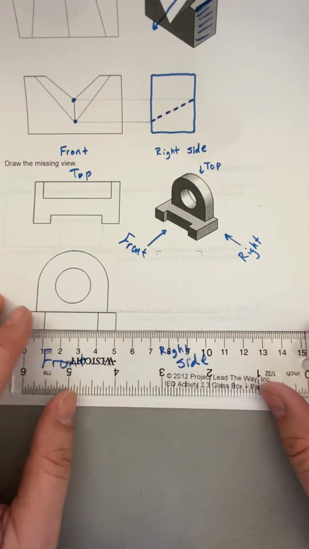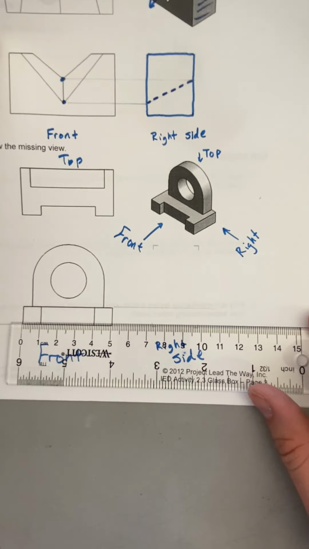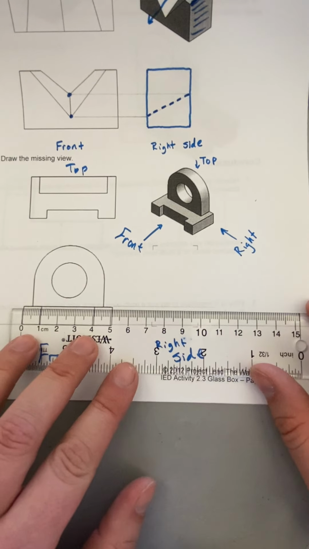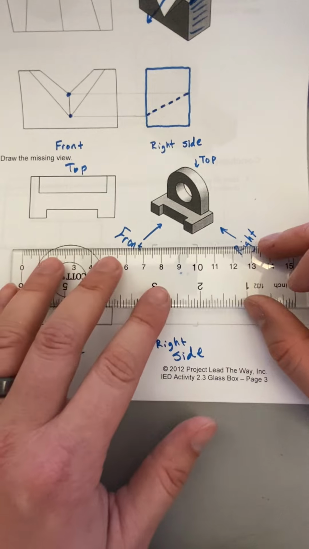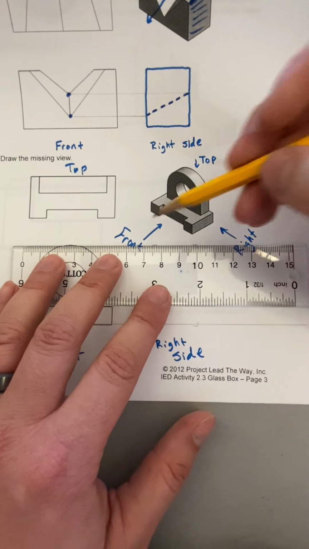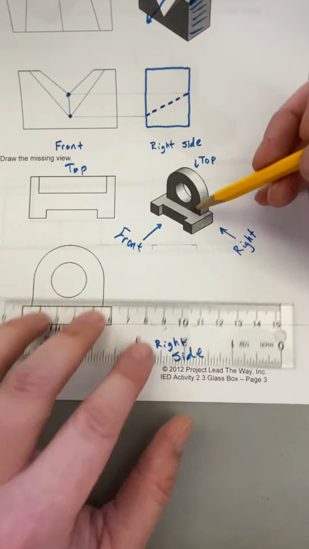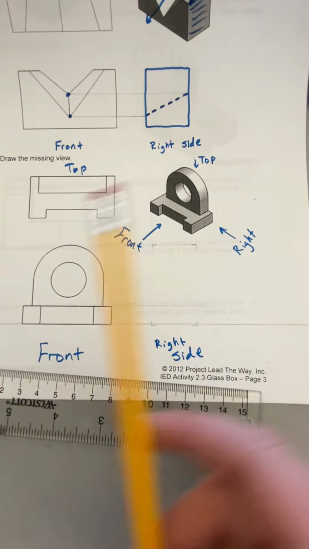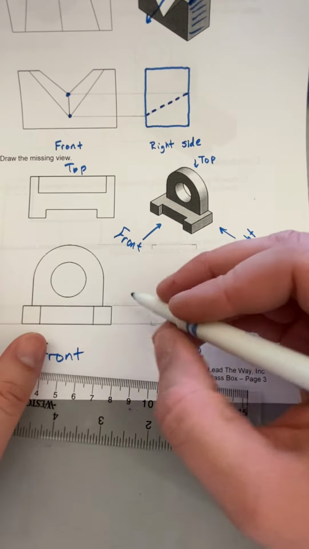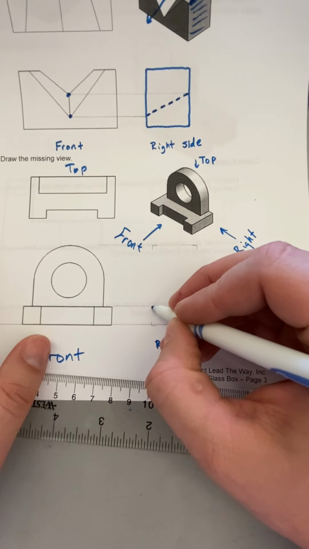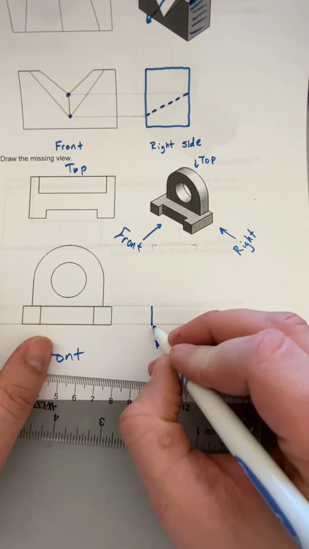Keep your ruler as horizontal as you can. And then where the top of it is. We kind of already have those points there to show us where the top goes. I'm going to do light construction lines. You always start with light construction lines, and then you come and darken it in with darker lines.